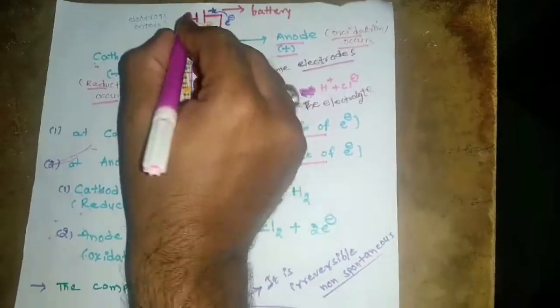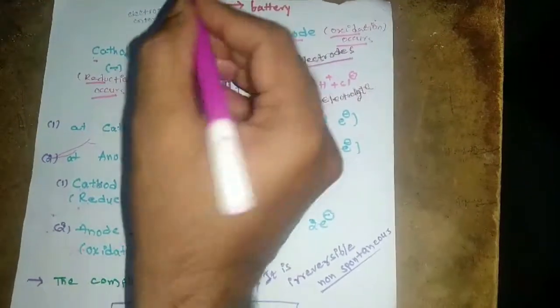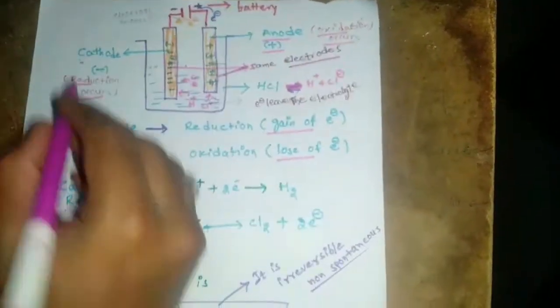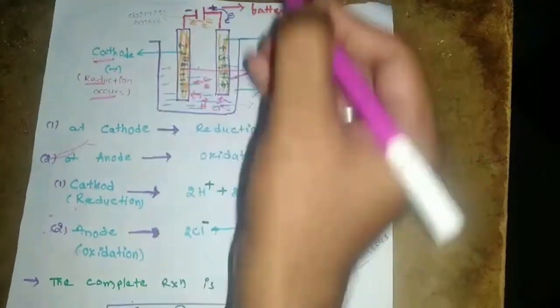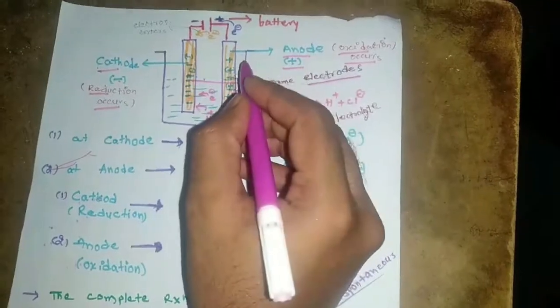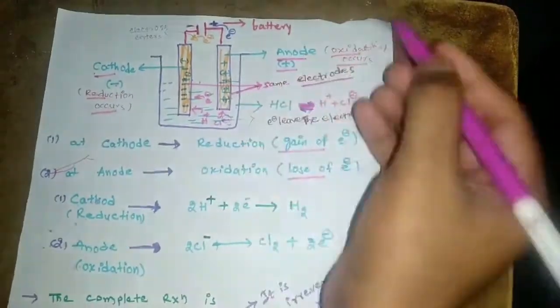So in that battery, one is a minus terminal, one is a plus terminal. The electrode which is connected with the minus terminal, that is the cathode. The electrode which is connected with the positive terminal of the battery, that is the anode.